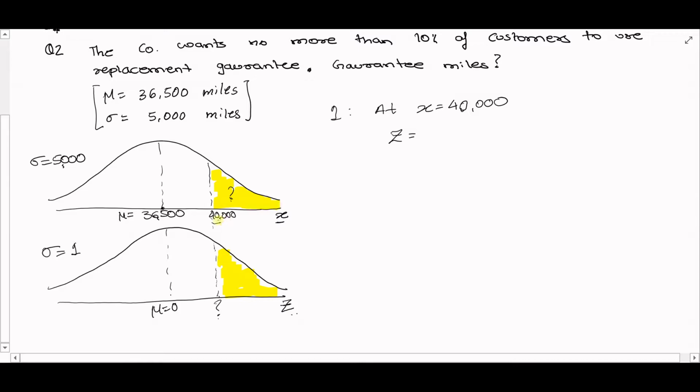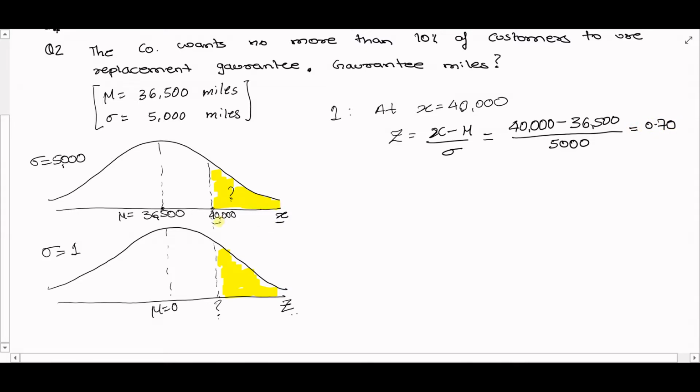So whatever is 40,000 on an x scale, how much is it on a z scale? When x is 40,000, z is equal to x minus mu over sigma, and that is equal to 40,000 minus mu 36,500. So now we are centering it, and then divide by sigma so that you get standard normal. That turns out to be 0.70.